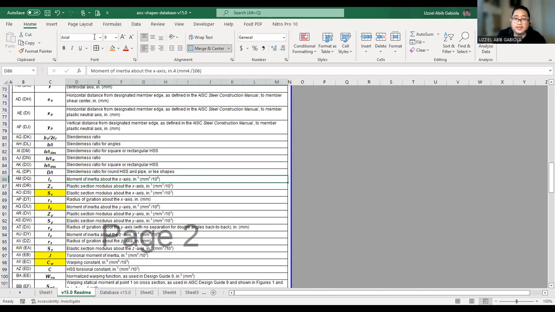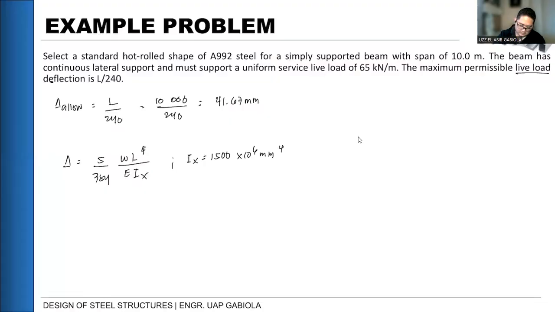So, calculate natin yung actual deflection natin. Okay?